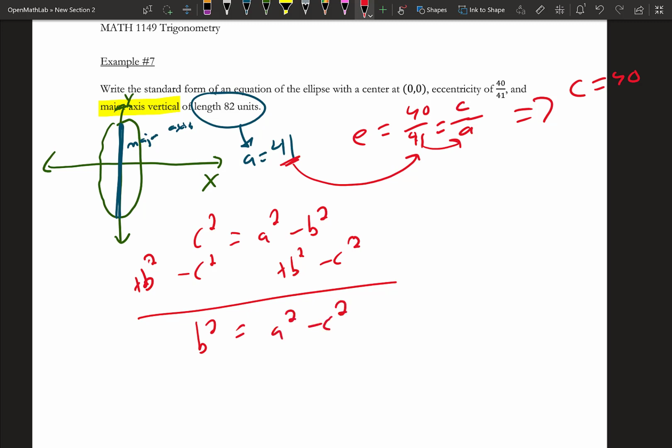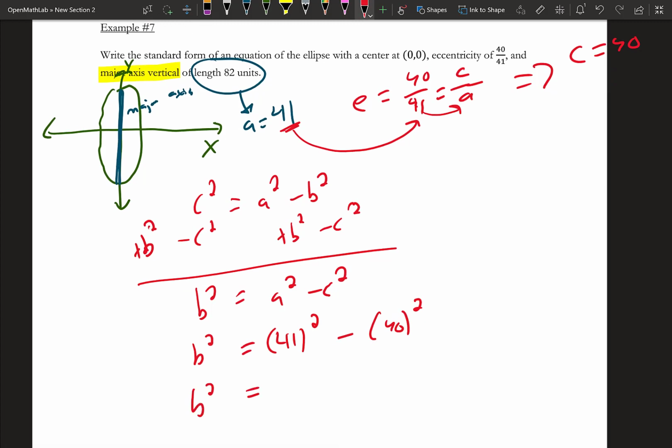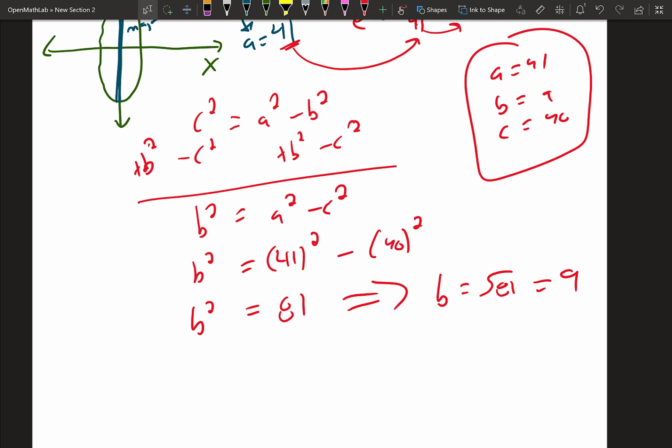So this gives me that b squared equals 41 squared minus 40 squared, which turns out to be 81. So that gives me that b would equal the square root of 81, which is 9. So I know that a is 41, b is 9, and c is 40. Those are all the parts that we need to be able to find whatever we want about the equation or the ellipse.